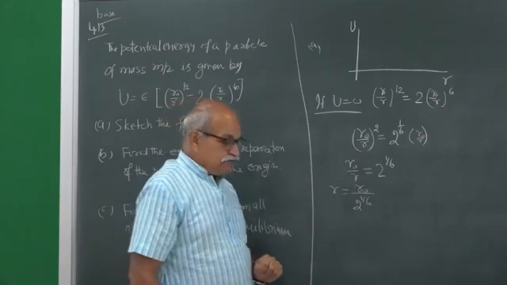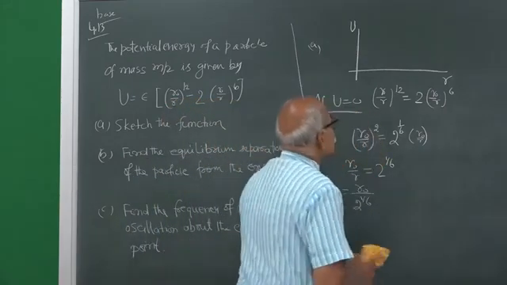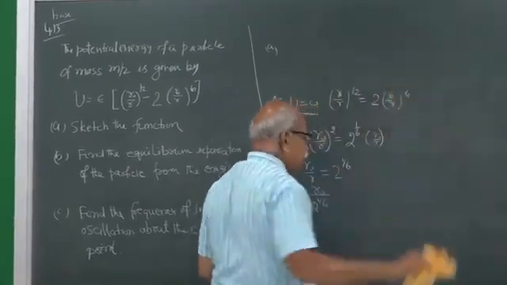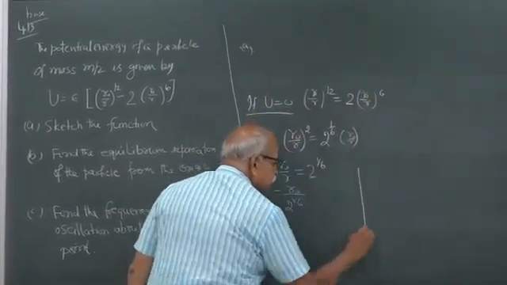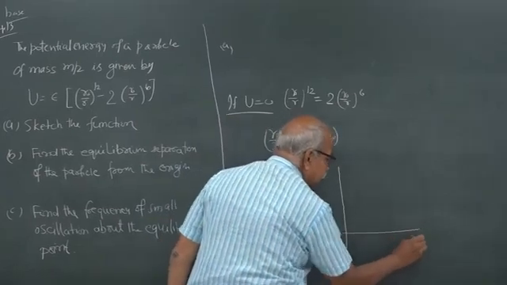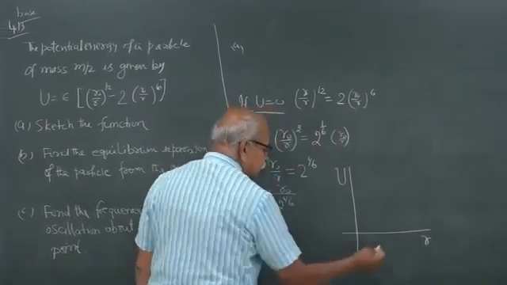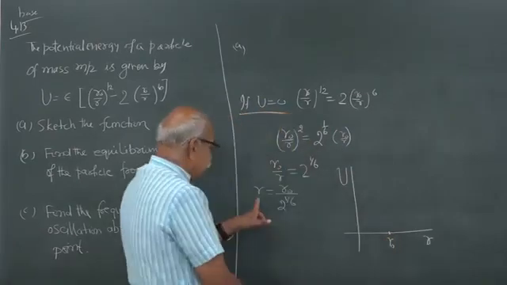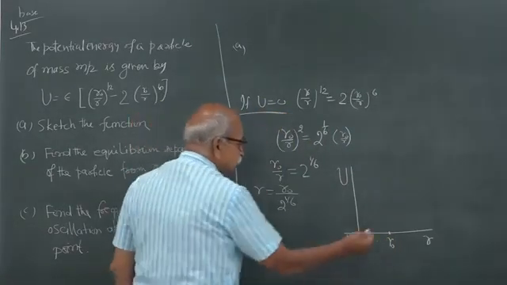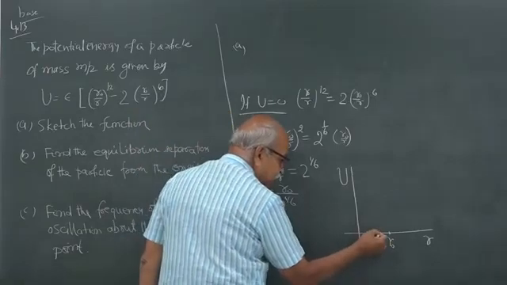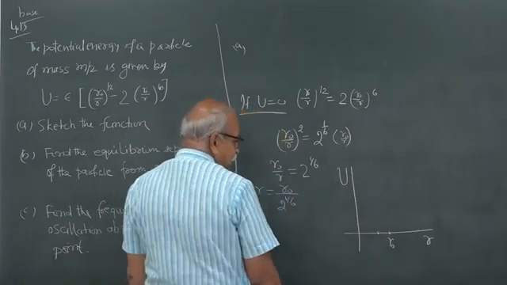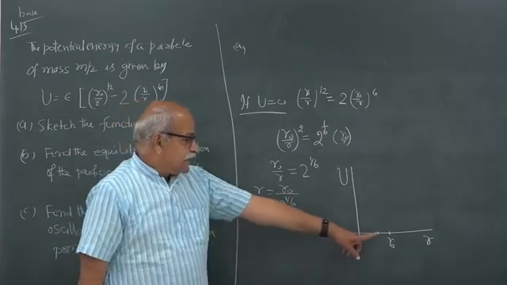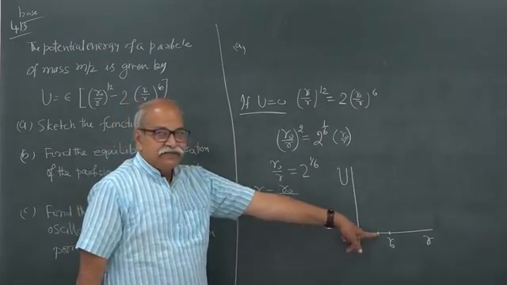On this graph, suppose this is my r, this is u, and this point is r naught, and the r which makes u equal to 0 is somewhat less, suppose it is here. It will cross the r axis only at one point.